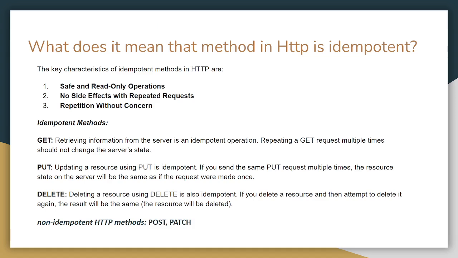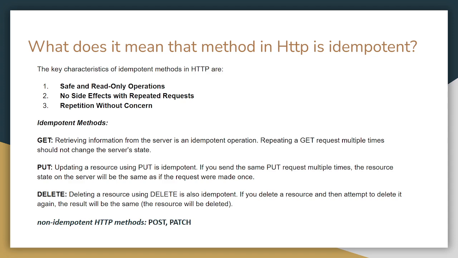What does it mean that an HTTP method is idempotent? It is a very common question that an interviewer might ask. In this context, an HTTP method is considered idempotent if performing the same operation multiple times gives the same result.